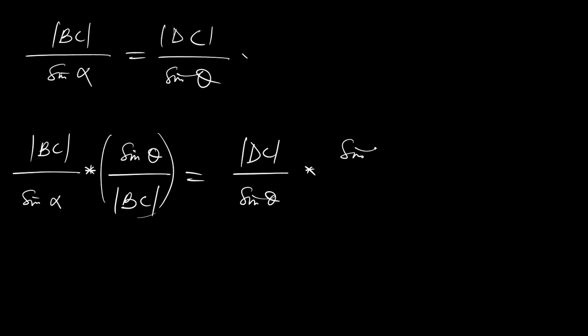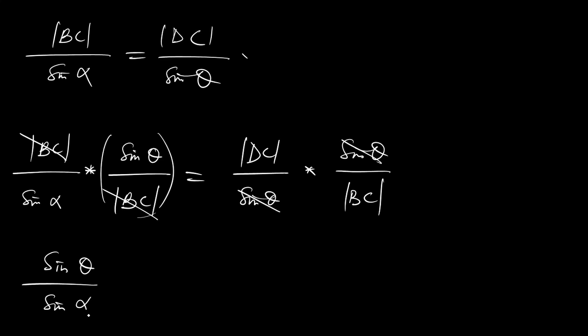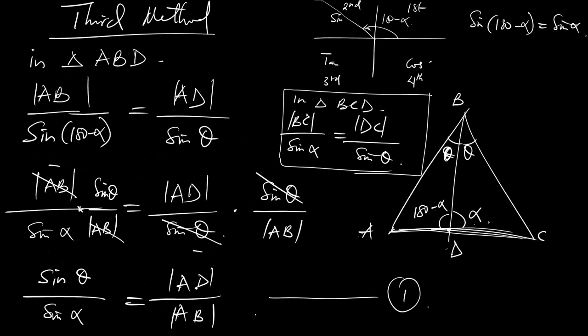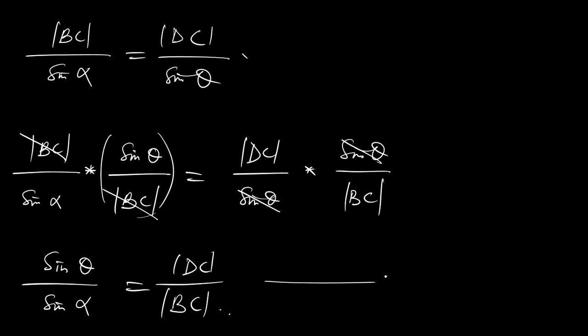So I will just use sine theta all over BC. So this sine theta will cancel out here, BC will cancel out here. You now have sine theta all over sine alpha equal to DC all over BC. We'll call this equation 2.